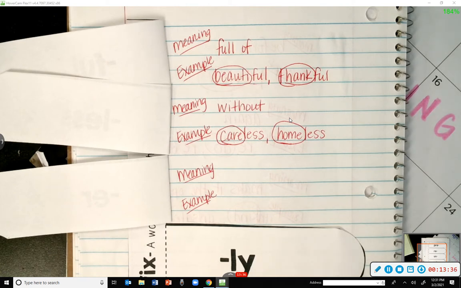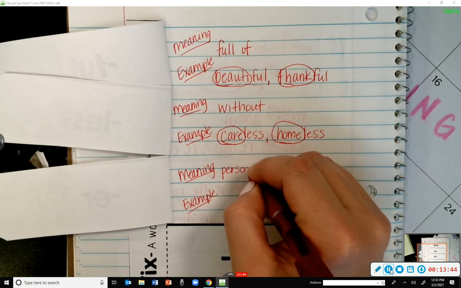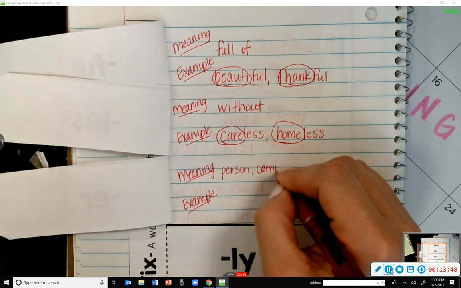So what do you think ER means? So ER can have a meaning of a person. It can also mean you're comparing. We'll add that.